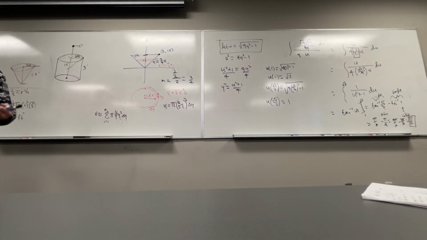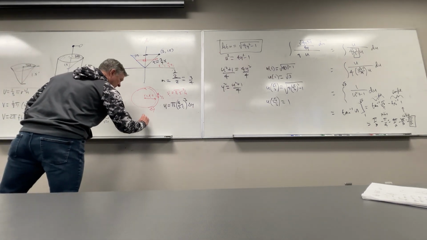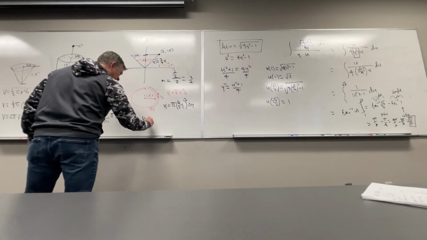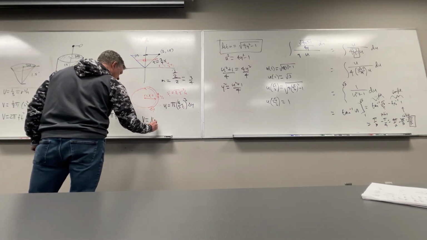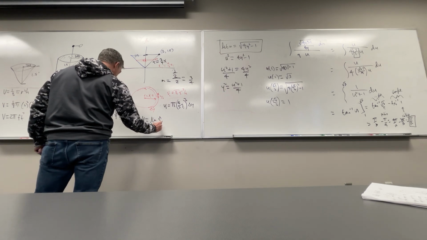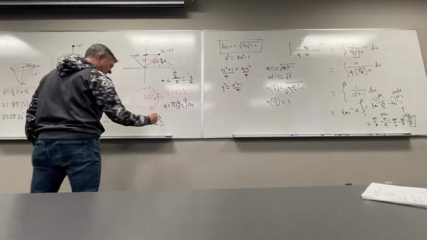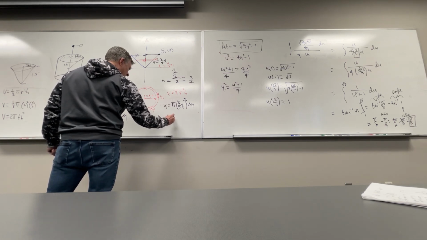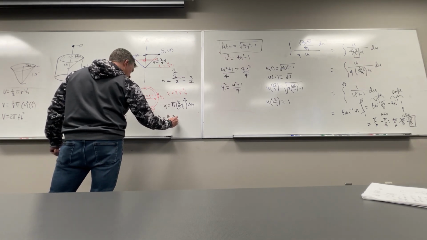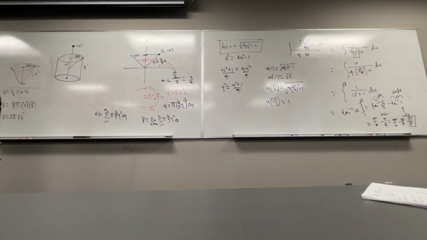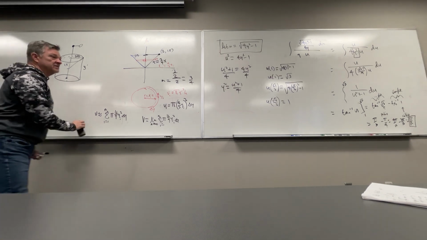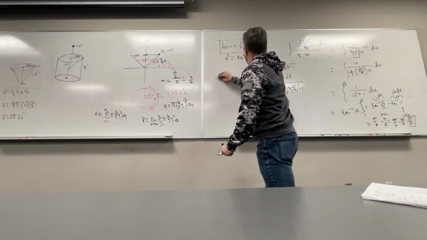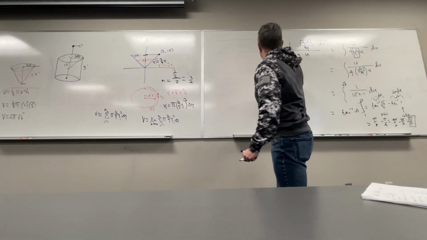I could express the volume exactly if I had infinitely many of those. So the volume would be expressed exactly as the limit as n goes to infinity, sum i equals 1 to n, pi 16/9 y sub i squared delta y. But that's going to be an integral, isn't it? That's just like our area problems, except we're doing volumes instead of areas. Okay. Let's see what that looks like.